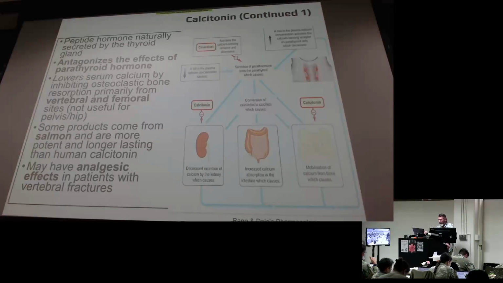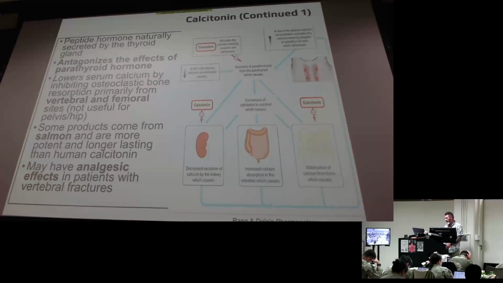The thyroid gland naturally makes this peptide hormone, calcitonin. What it does is antagonize the effects of parathyroid hormone. So we talked about what the teriparatide does versus what the calcitonin does, because unlike the synthetic form of the parathyroid hormone that we can give with intermittent dosing to cause bone build, now we've got calcitonin, which is going to antagonize the normal parathyroid hormone function, which is to increase osteoclast activity at the bone.